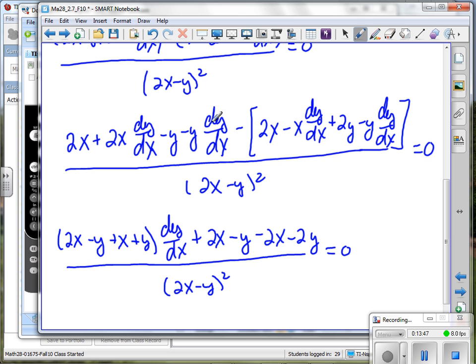I took all the dy dx terms, collected them, factored out a dy dx. I have a 2x minus y, we change the sign, plus x, we change the sign, plus y. Now do you think we can solve for dy dx?